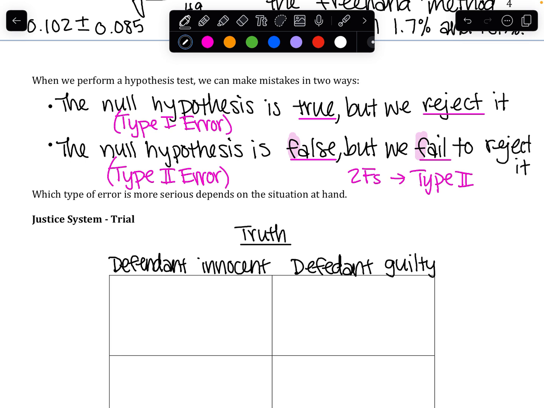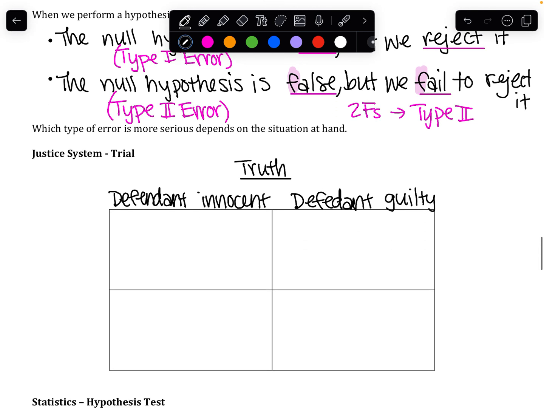If we're on the jury, we don't know for sure which one it is. Now, the jury will make a decision. What are the 2 decisions that a jury could make? They could say that the person is guilty. We call that the verdict, right? When they make a decision at the end. Or not guilty.